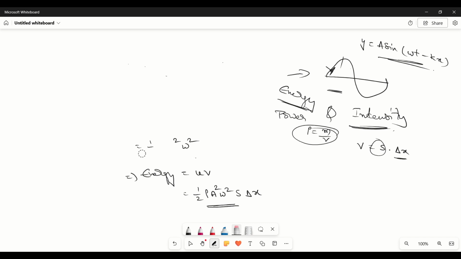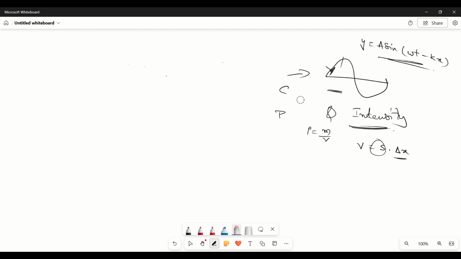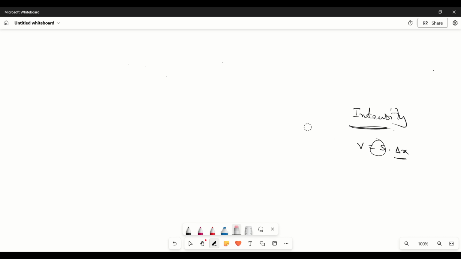Okay, now we are going to represent the power of the wave, where we know that power is equal to energy by time taken.